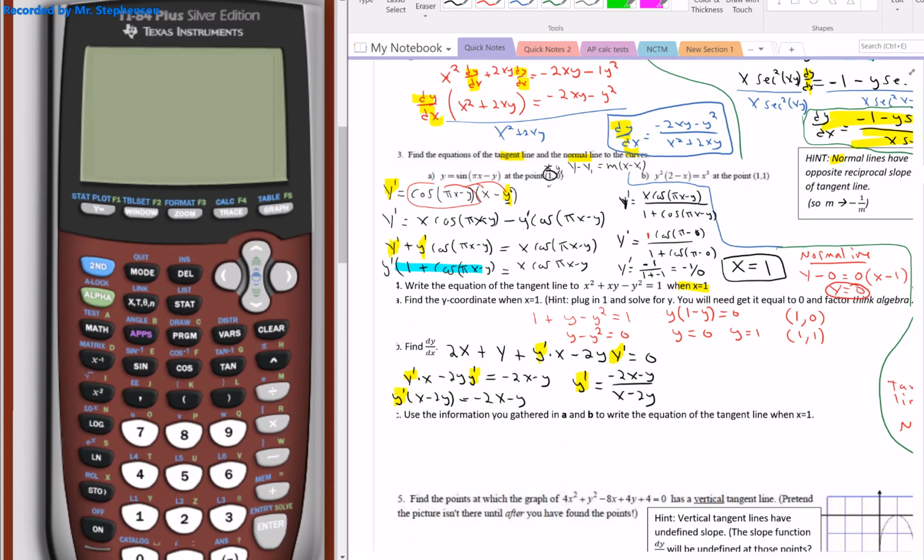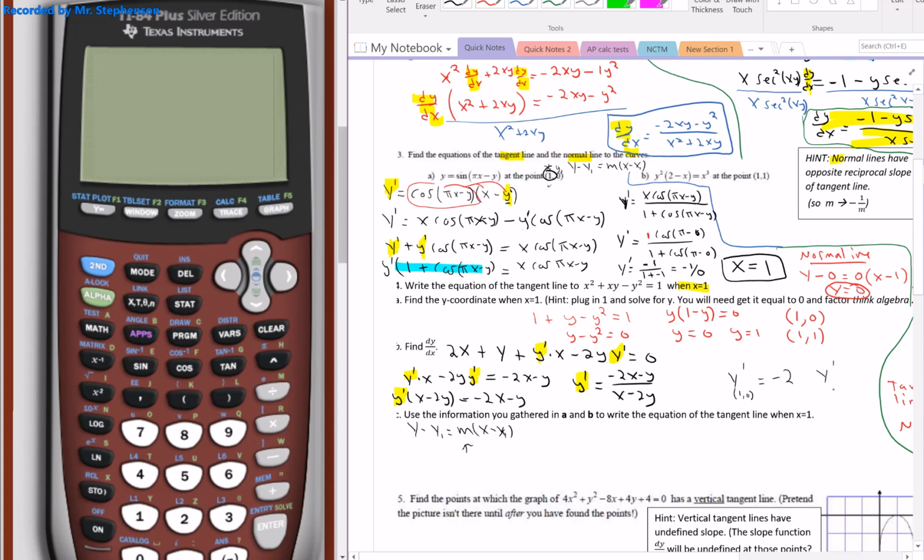And so now I am trying to write the equation of a line in the form y minus y1 equals m times (x minus x1). I still haven't found my slope, because I need to plug in the points I got to find the slope, right? So let's do that over here. y prime at (1, 0): if I plug in 1 and 0 over here, I get negative 2 minus 0 over 1 minus 0, which is going to be negative 2.